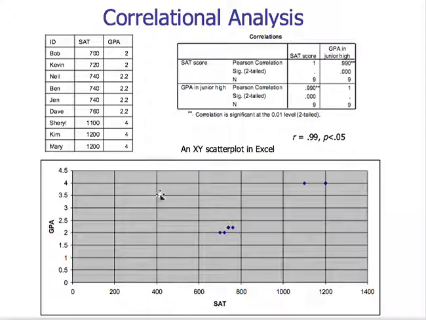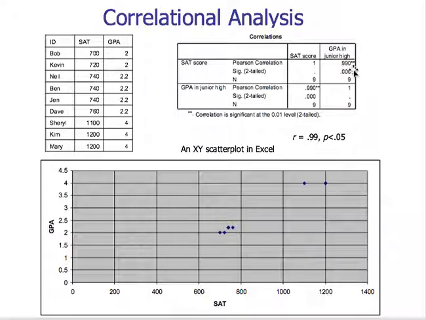So I did run this in SPSS. I made a scatter plot. Each of these dots represents someone in the study. I may have added a couple before doing that, but you can have a sense of what it looks like here. And this is what the SPSS output looks like. SAT score is associated with GPA in junior high, according to this. And the R value is 0.99, which is very high.